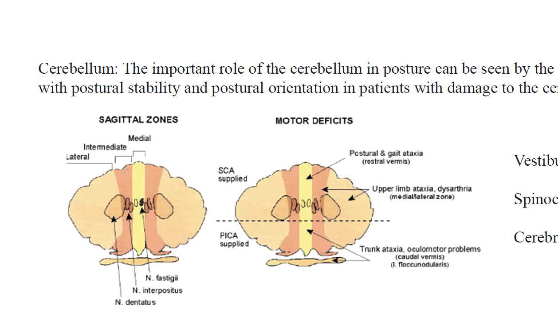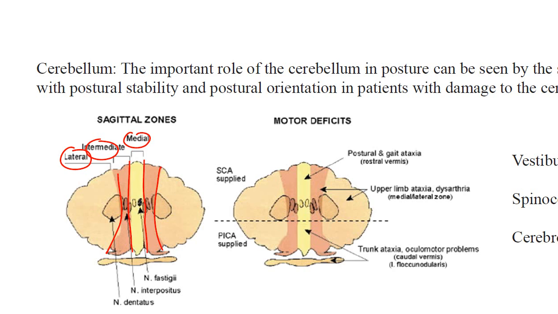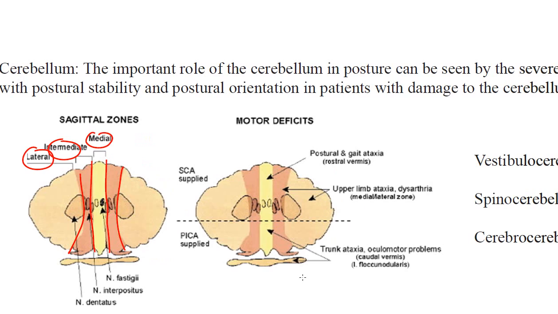So cerebellum can be functionally divided into three parts: lateral, intermediate, and medial. And because it's divided in three different ways due to its function, the deficits are quite unique according to the function.